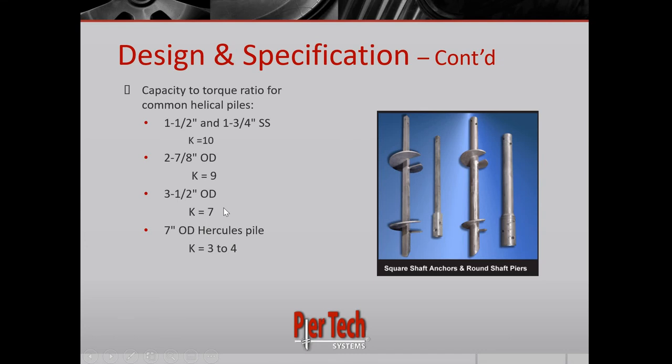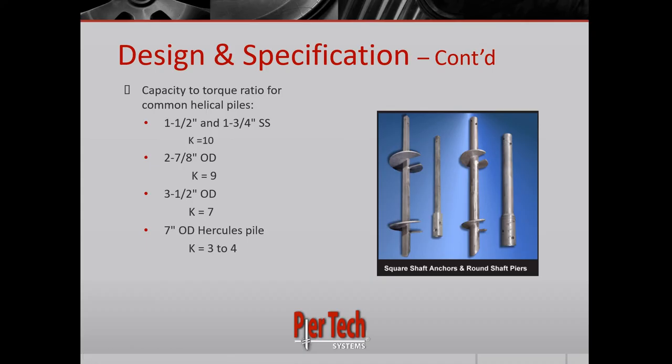The reason for this is the surface area in contact with the soil becomes much larger the bigger you get. So you want to take out that false sense of torque from the shaft diameter. You want to really base it off of what the helixes experience itself. So that's why we're reducing the K factor as we get bigger in the shaft diameters.